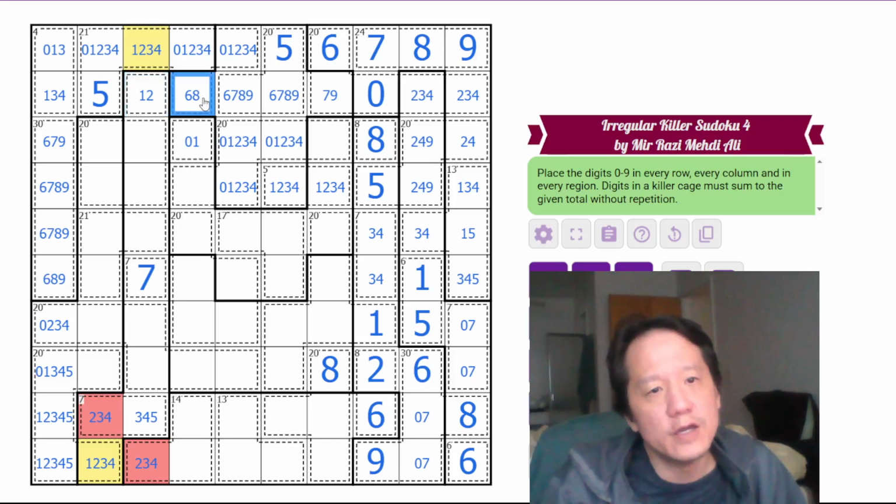Can this be 8 here? 8 and 5 add up to 13. So the remaining 4 digits must add up to 21 minus 13 if that's the case. 21 minus 13 is 8.